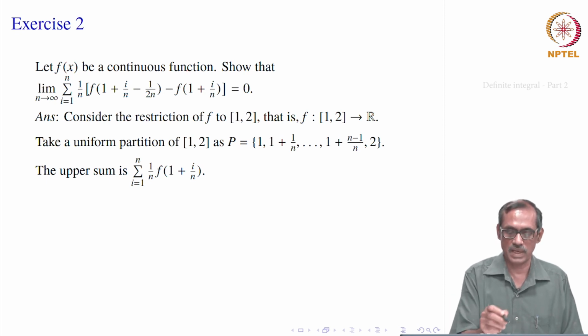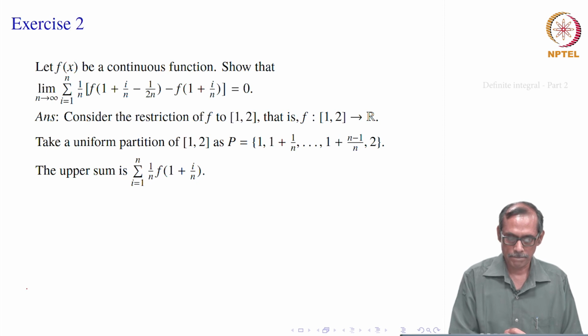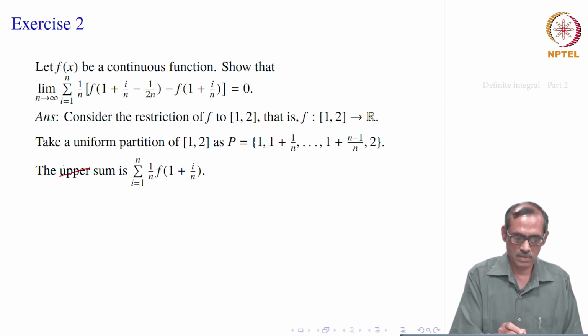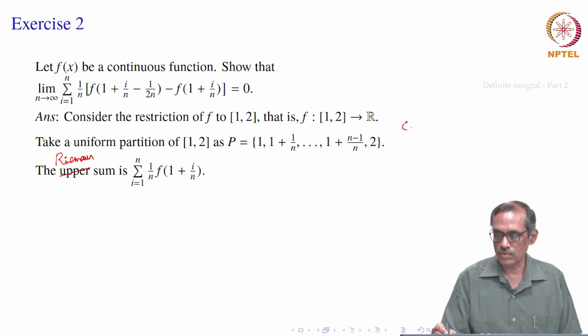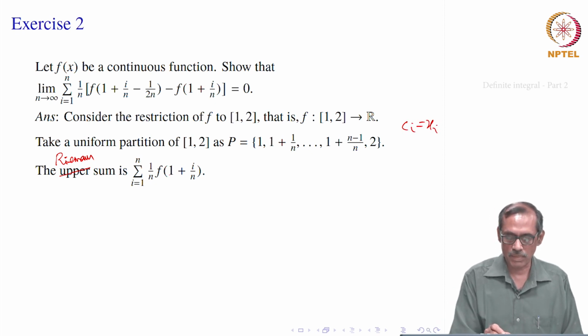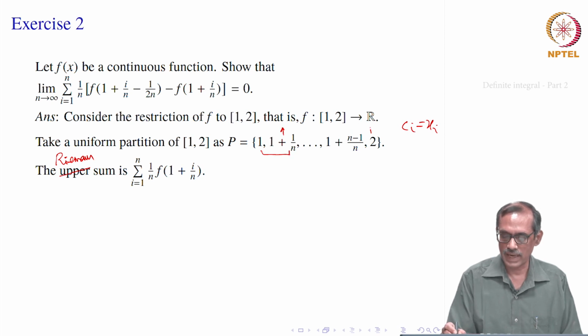We do not know that, because f is not given to be increasing. So, it is one of the Riemann sums. Consider the Riemann sum where we choose c_i equal to x_i, the right endpoint, that is 1 by n, f of 1 plus i by n, with i from 1 to n. Here we are choosing the right endpoints.